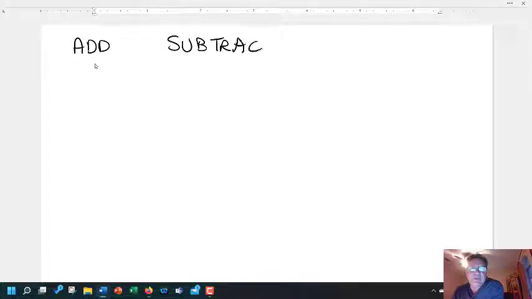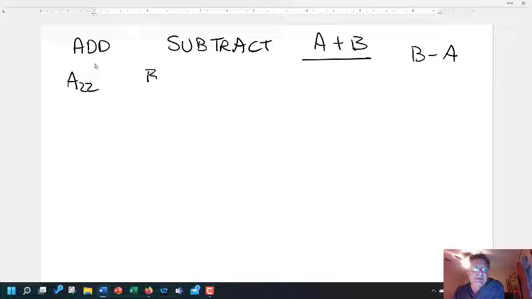So if you add or subtract, A plus B or B minus A, something like that, A and B must be exactly the same size, because we're going to define it in the following way. I'll do it for A and B, both 2 by 2, and I'll use the same notation that I had up above.